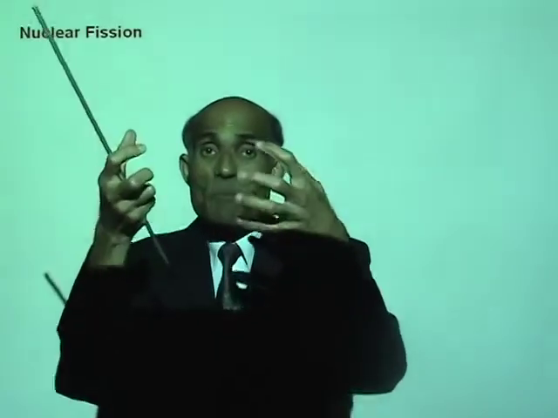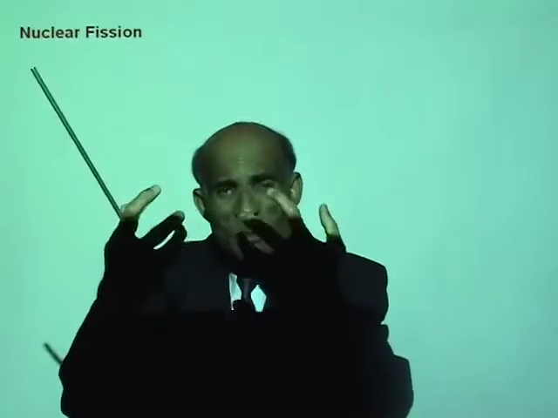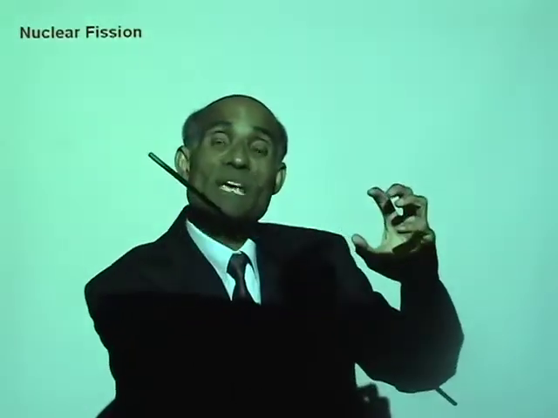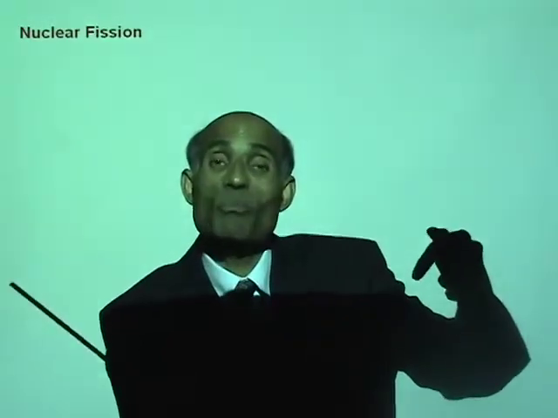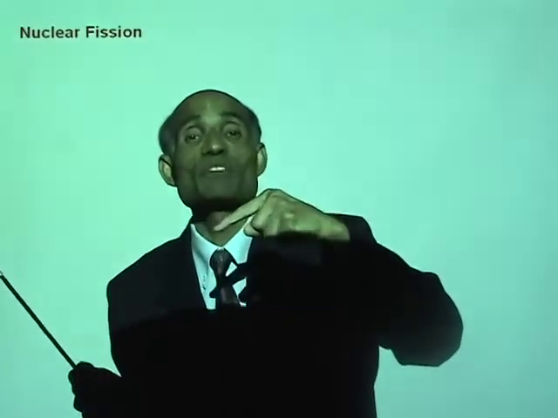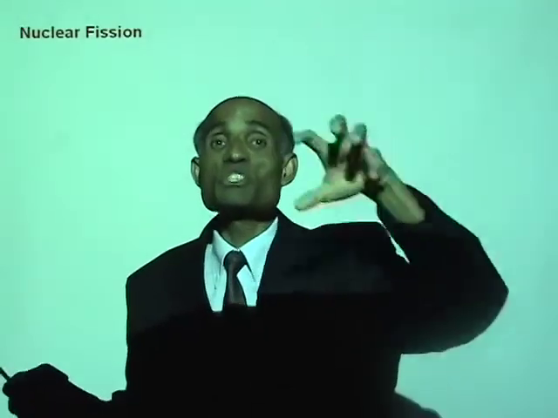What did I say the process of fission is? Fission is the process of a big nucleus splitting into two pieces, so that each piece will be more stable than the parent nucleus, so that each piece will have a binding energy per nucleon close to the stable value.